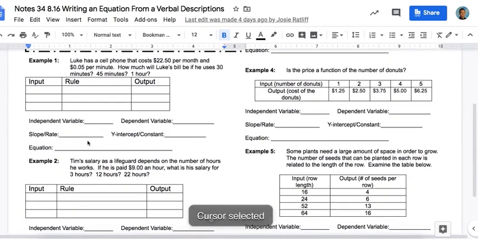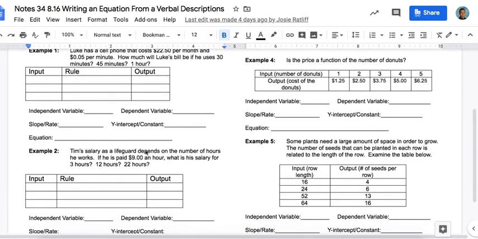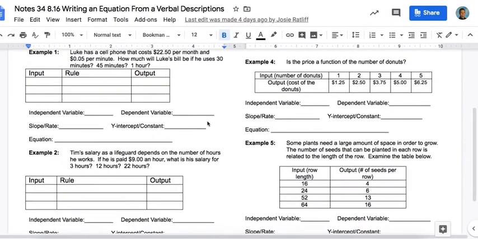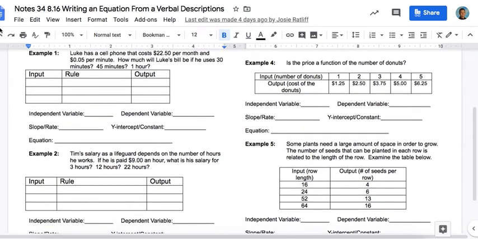Okay, number 4. Is the price a function of the number of donuts? Okay, so let's see what we need to do here. That means, is the price a function of the number of donuts here? That's basically saying, is it going to make a linear function?